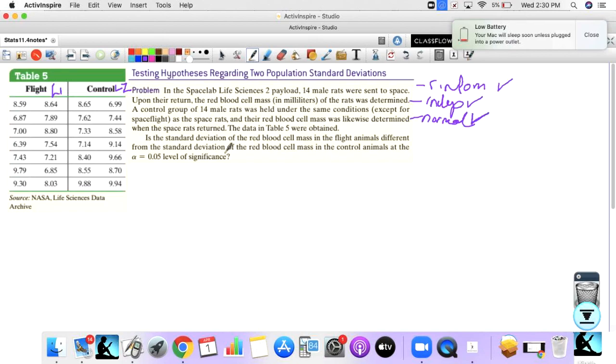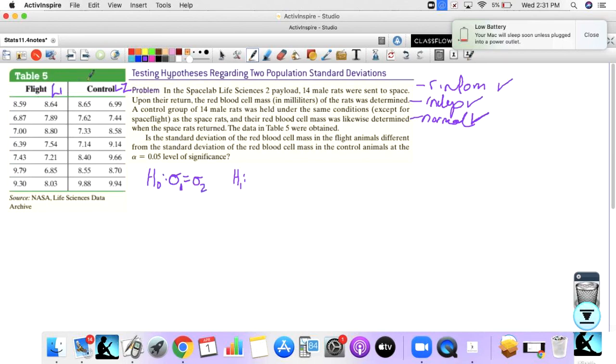Okay, so now I'm ready to write out my alternative and my null. So we'll start with our null, and then we'll do our alternative. My null is that there's no change. Okay, and again here we are looking specifically at standard deviation. They're telling us that. They're not telling us it's variance, so the standard deviation of my first should equal the standard deviation of my second. That would mean there's no change.